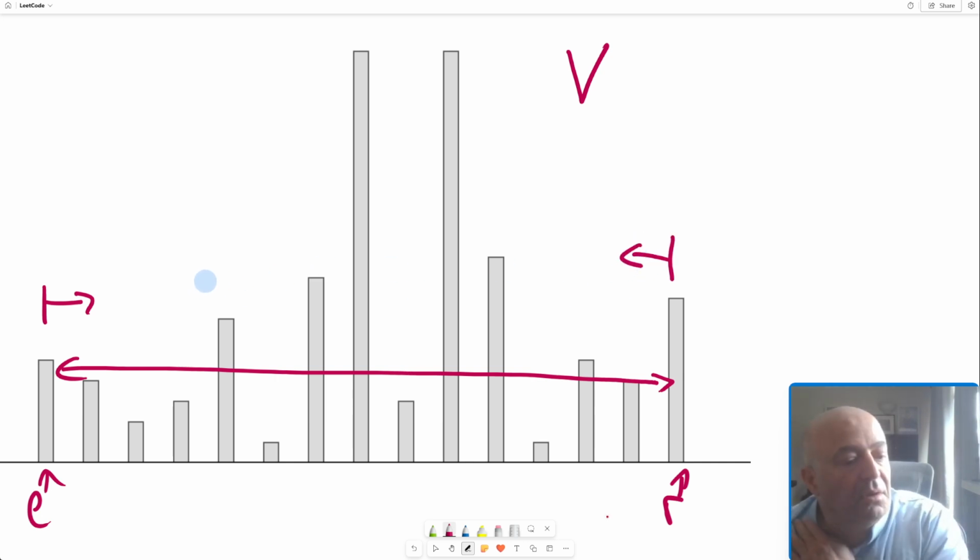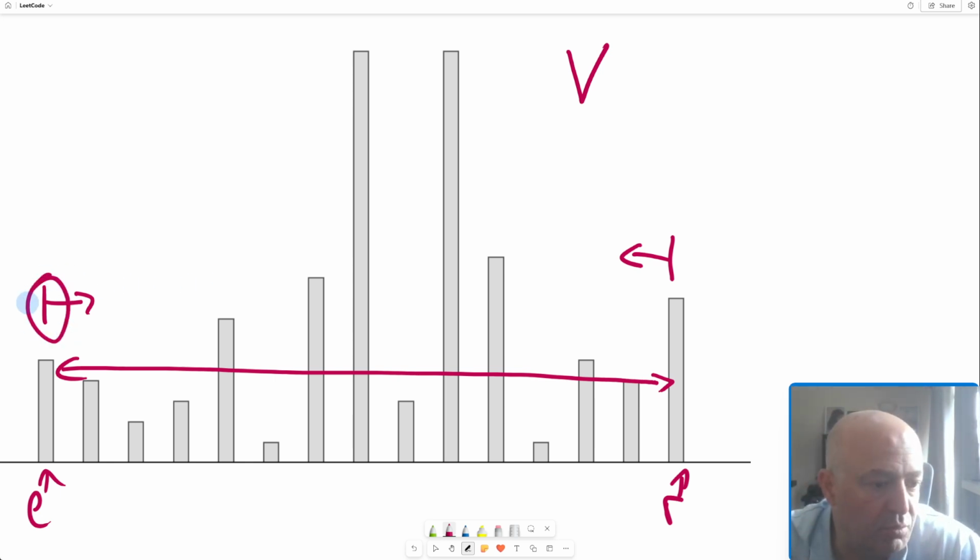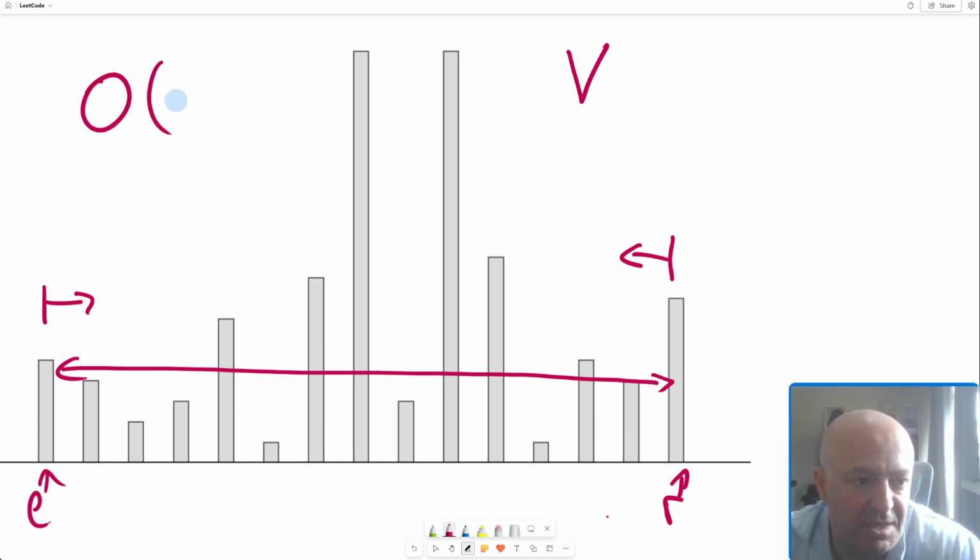But whether we move this wall left or this wall right, we want to be sure that we don't ever have to come back to this wall ever again. That is what's going to guarantee that the complexity will be O(n).